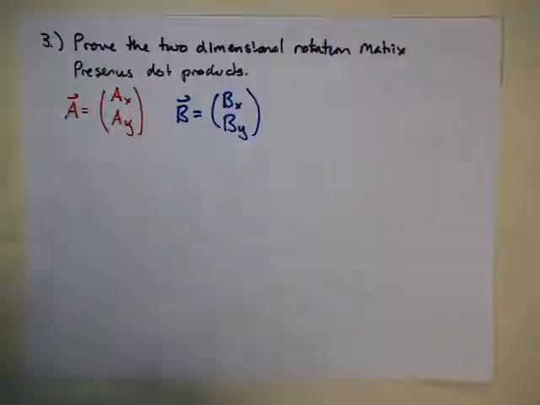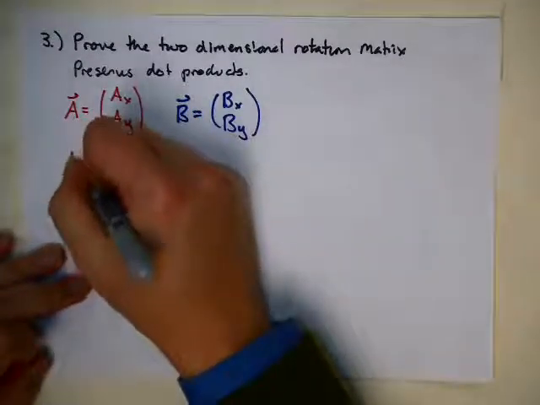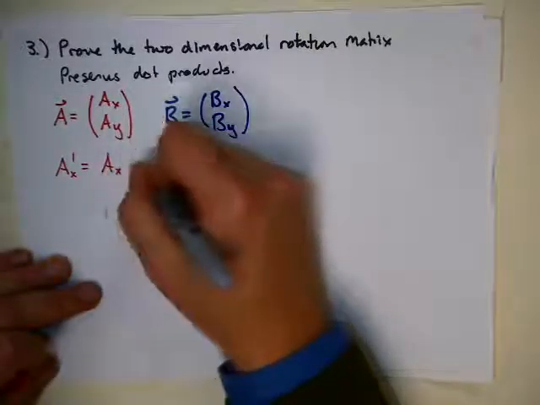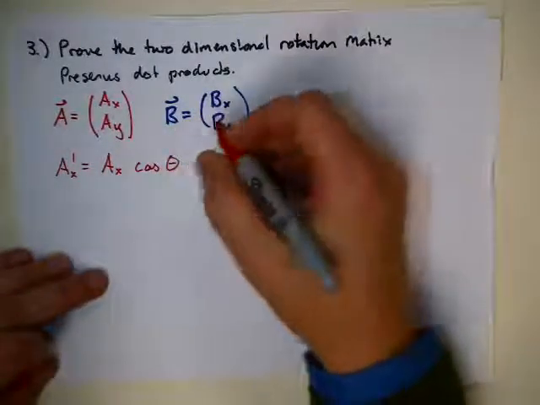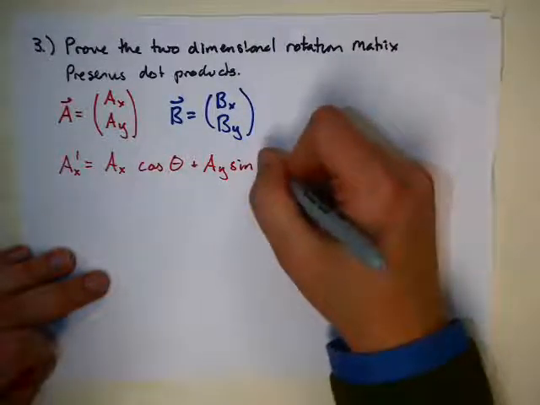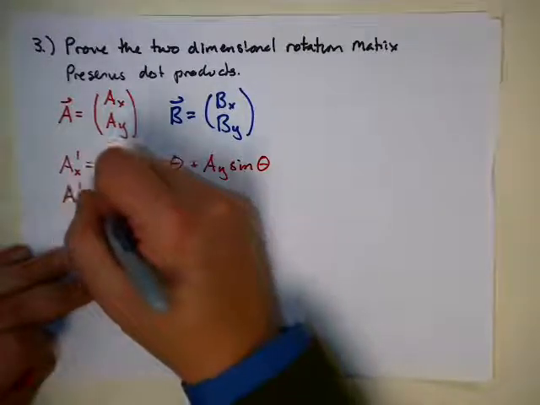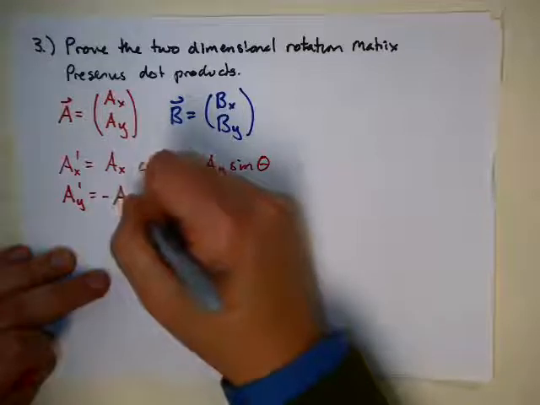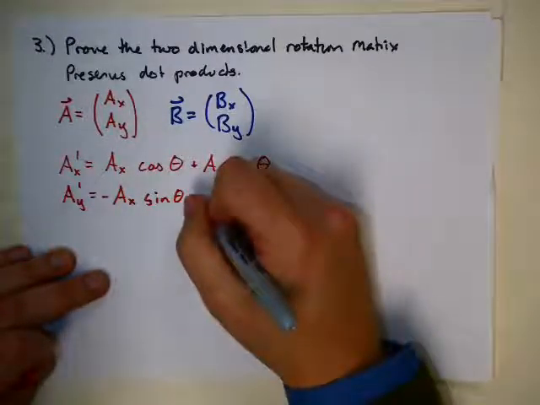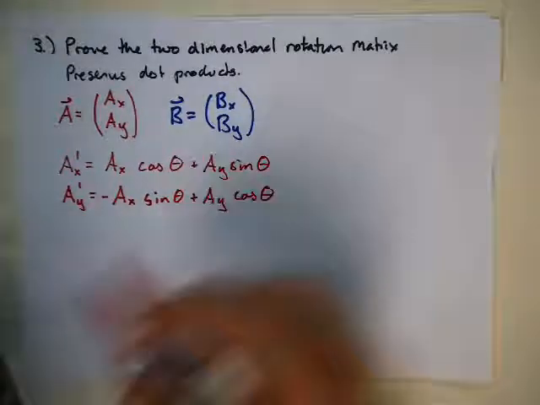Upon rotation, our components for both systems, for A and B, give us that AX prime is equal to AX cosine theta plus AY sine theta. AY prime is minus AX sine theta plus AY cosine theta.